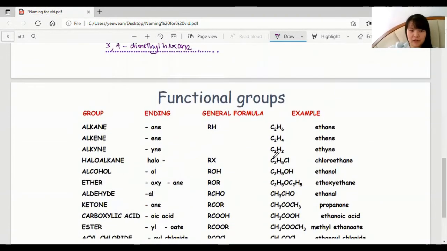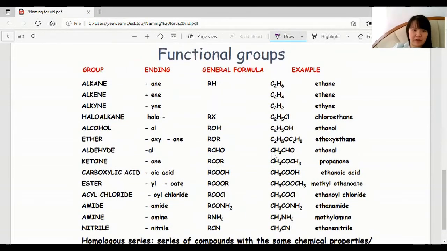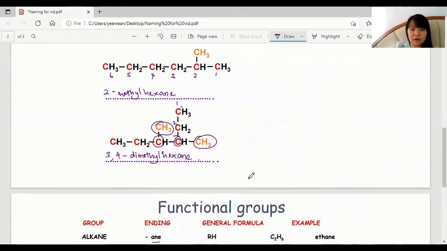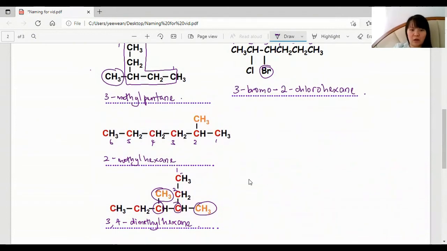There are more functional groups whose names you should know. For example, alkane, the ending would be ane, alkene, ene, alkyne, yne. Halogens, we have the halo prefix, so chloro, bromo, fluoro, and so on. Alcohol will end with ol. If there's an alcohol somewhere, then we put the number and put an ol there.